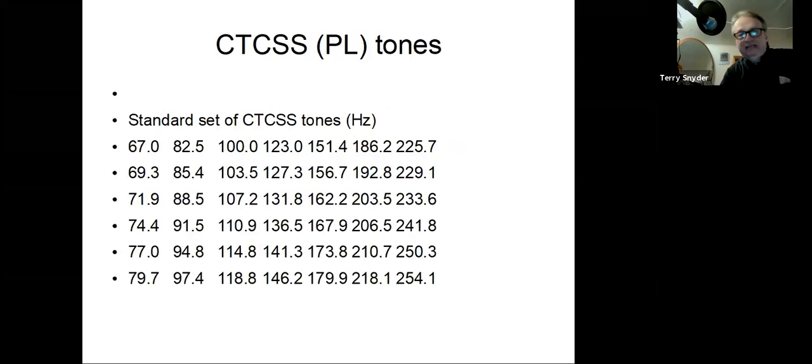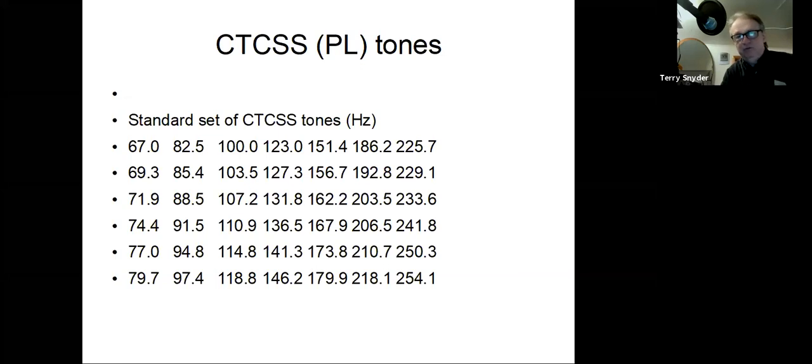Now here's your standard set of CTCSS tones, which is continuous tone coded squelch system tones in hertz, or as us old guys call it, cycles per second. It ranges from 67.0 up to 254.1. You'll find in our area, the 7.6 repeater uses a 100 hertz tone.